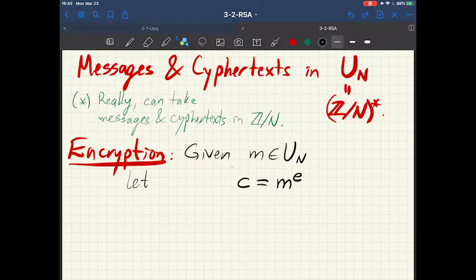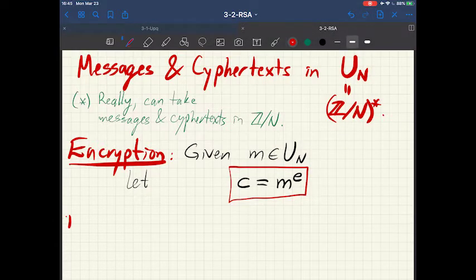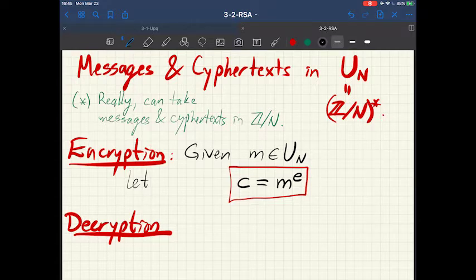So that is the way you get the ciphertext from plain text. And I should say that this is, of course, all working modulo n using the arithmetic of Z_n.